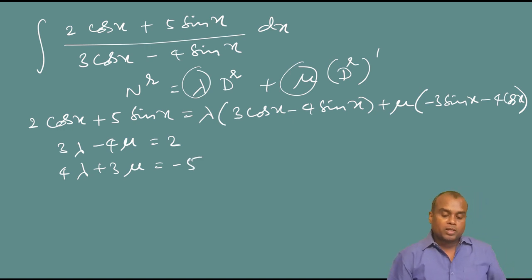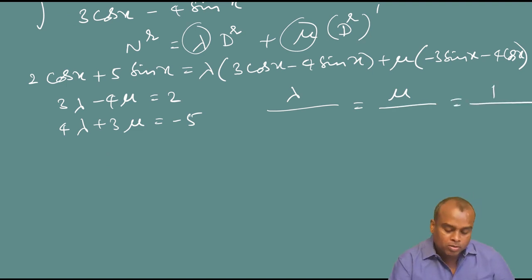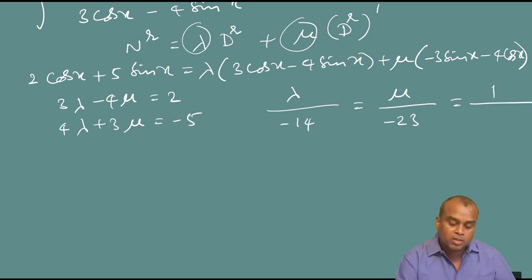So that is what you got there. And now you know how to solve for the values of lambda and mu. I am going to use rule of cross multiplication here for fun. I will have lambda by mu by const 1 by. Now for lambda, you know that it is 6 minus 20, that is minus 14, and for mu it is minus 15 minus 8, minus 23, and for 1 it is 9 plus 16, 25.